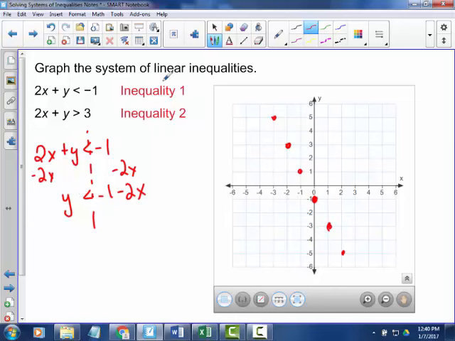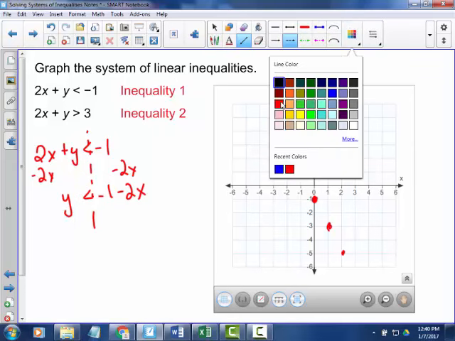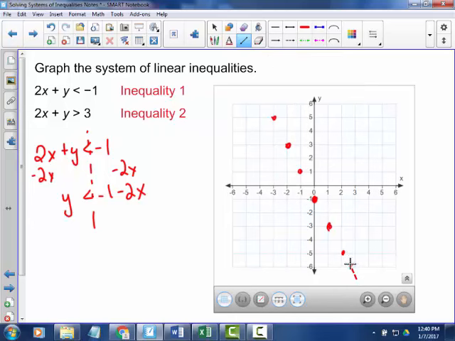It's strictly less than, so it's a dashed line. Okay. Our shading will be below. I'm just going to remind myself to go below the line.